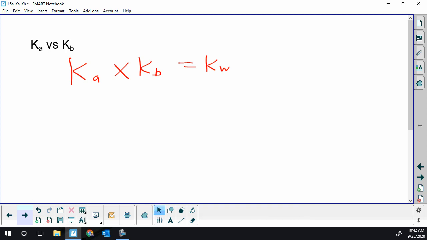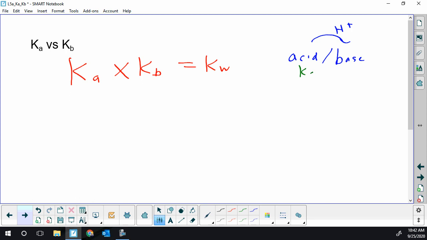Now this is only true for conjugates. So you have to have an acid and its conjugate, where a proton has been lost. And this lets you relate the Ka of the acid to the Kb of the conjugate base.